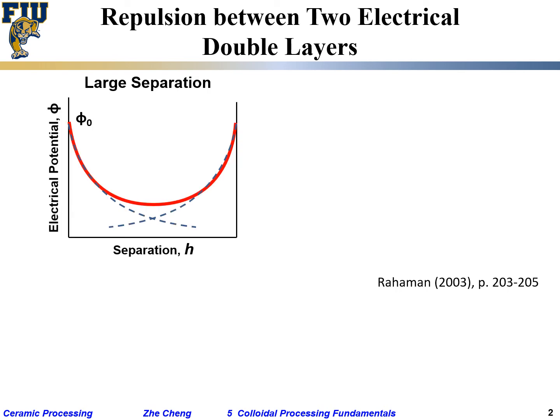Okay. And then we said that within a suspension there will be particles, and when particles come together, they would have a certain separation or distance between them. And when they are getting close enough, as we draw here, the dashed curves are for the original potential. Make sense? Original potential. And when they are getting close to each other, the potential starts to overlap with each other, and as a result, the potential gets higher in between.